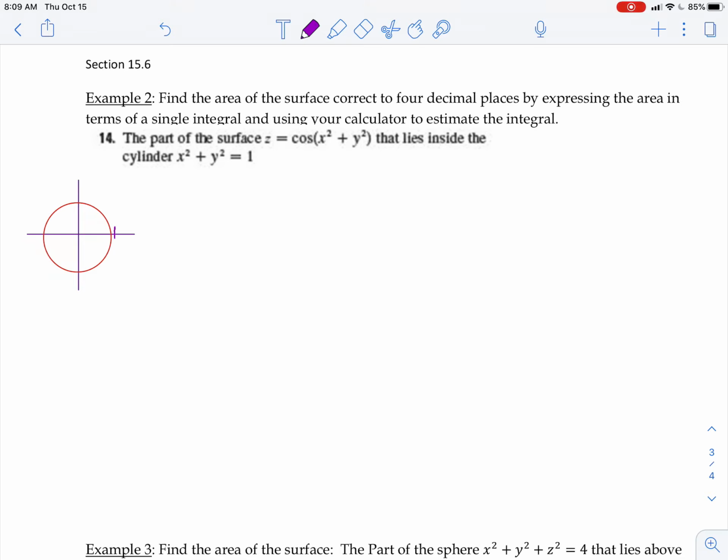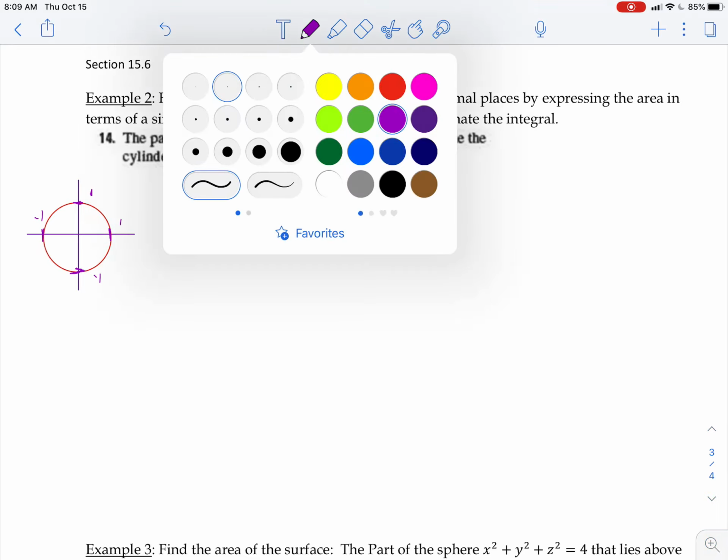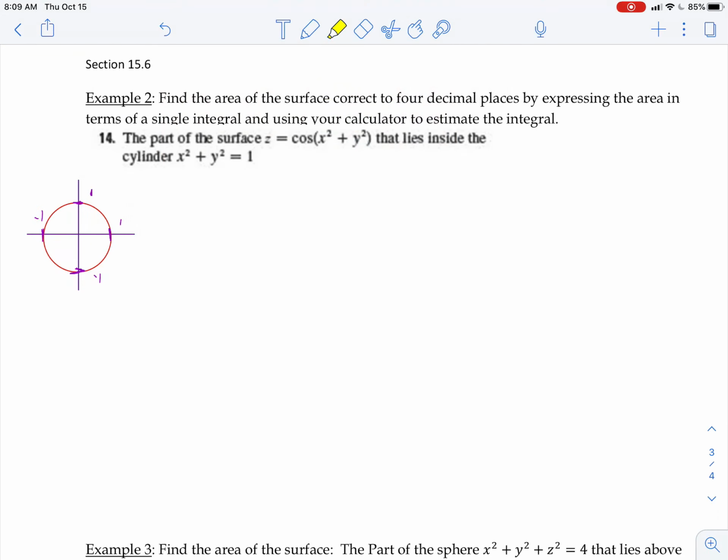Whoa, this thing is not calibrated perfectly. Again, that's 1, that's 1, that's negative 1, that's negative 1. Where it says inside the cylinder, we're going to be inside that cylinder.